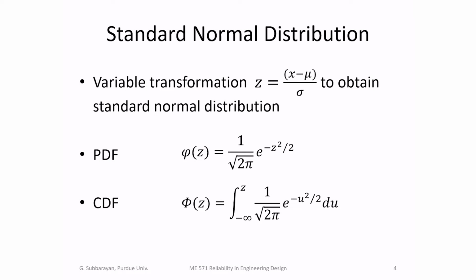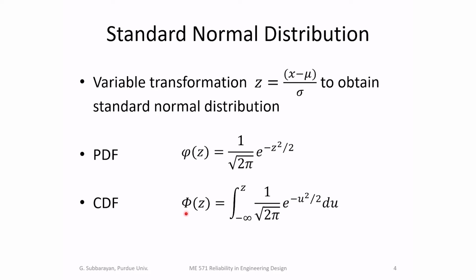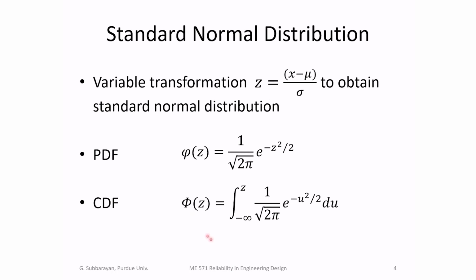Now this expression for the CDF is difficult to integrate by hand, so we use computer integration, and we can get a table for different values of z. I can estimate my CDF, which is denoted by phi of z. So this quantity is phi of z, which is the CDF. We will use the notation phi of z specifically when it comes to the normal distribution. More generally, we will use the notation capital F for the CDF, but specifically for the standard normal distribution, we will use the notation phi.